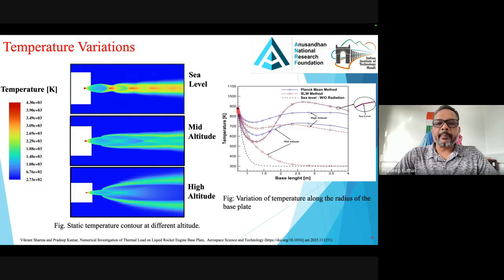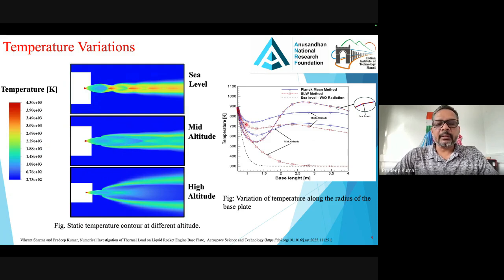At sea level, the temperature first goes down, then goes up, and then goes down again. The reason for the temperature going down is that a recirculating bubble is formed, which cools the base plate, and also a little shadowing effect of the nozzle.